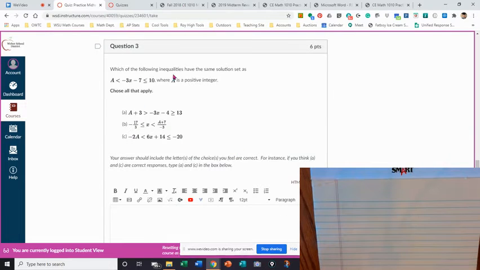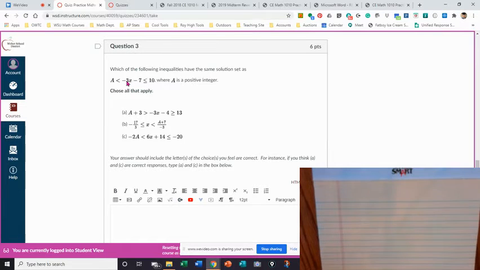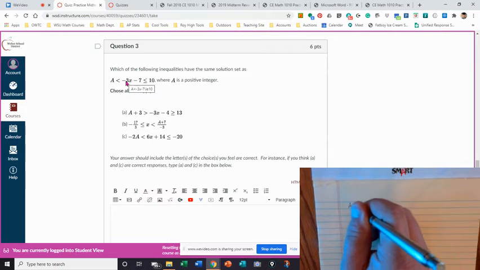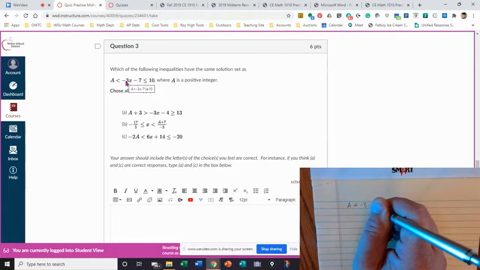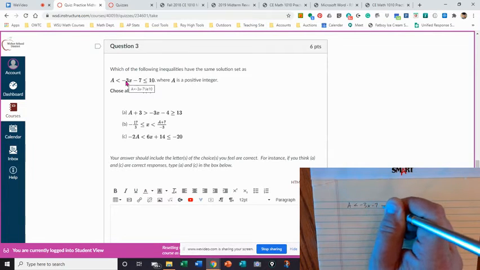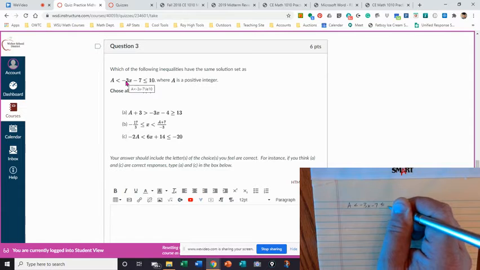Which of the following inequalities have the same solution as this one? Whoa. I need to solve this. So A is: negative 17 is less than negative 3x minus 7 is less than or equal to 10.